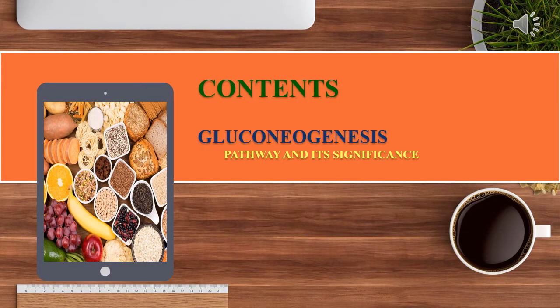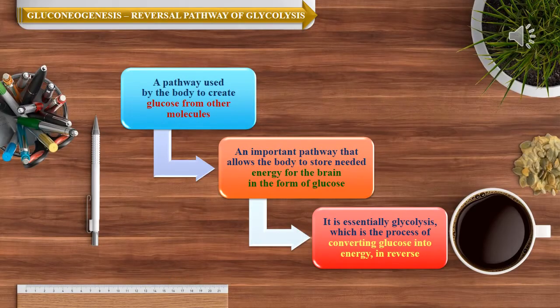What are the contents we are going to discuss under gluconeogenesis? Pathway of gluconeogenesis and its significance. What is gluconeogenesis? It is a pathway used by the body to create glucose from other molecules.